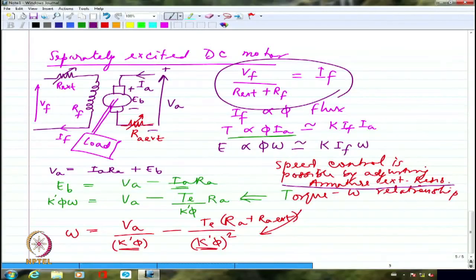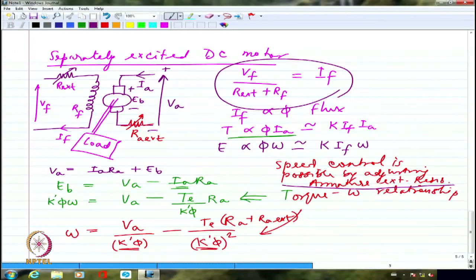Incidentally, some of the motors may not have separate excitation. Instead, they may have a permanent magnet inside. That is as good as a separately excited DC motor, but with constant excitation. If I have a small permanent magnet with north and south poles, the magnetic material gives me a fixed amount of flux, and the motor behaves very similar to a separately excited DC motor, but with constant excitation.